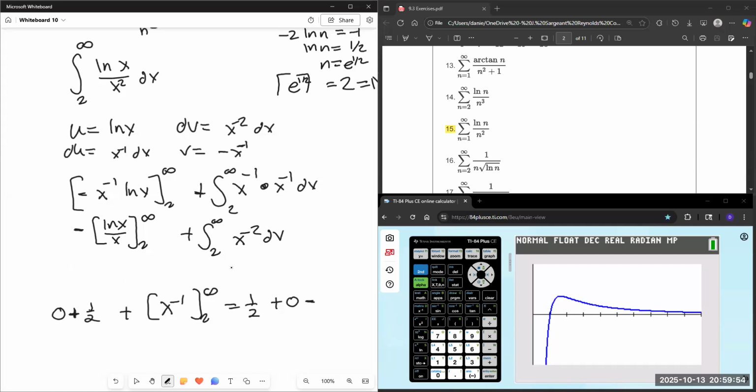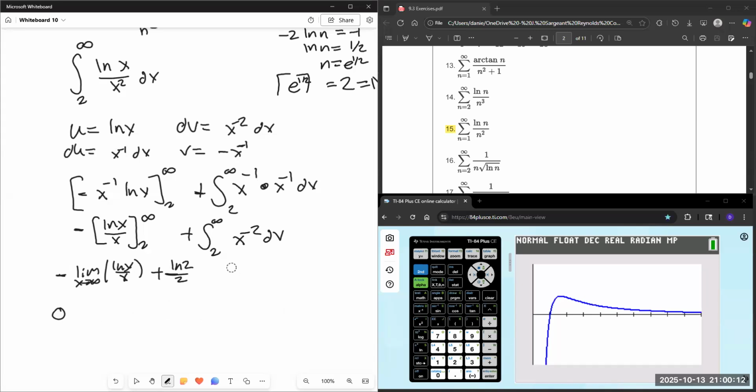I can't stick that into L'Hopital's rule. I need negative limit as x goes to infinity of ln of x over x. That's where I use L'Hopital's rule, plus ln of 2 over 2, plus x to the negative first, 2 to infinity.